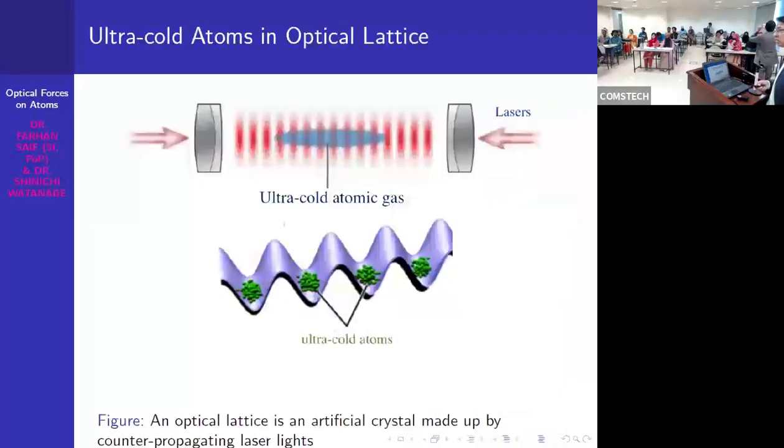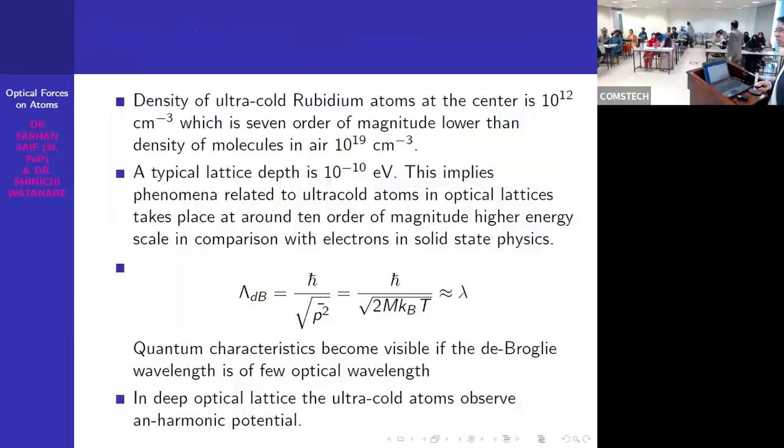And this also makes our standing wave in the form of an optical crystal. Now this optical potential which is provided to the atoms can be made very shallow or very deep.